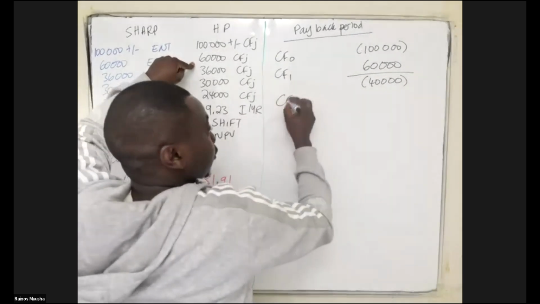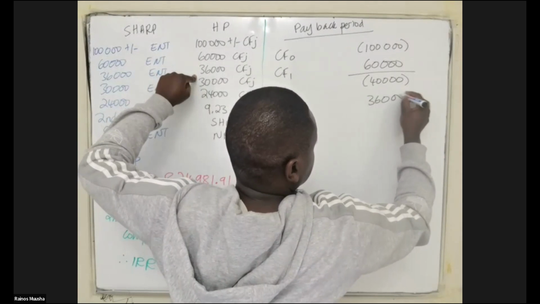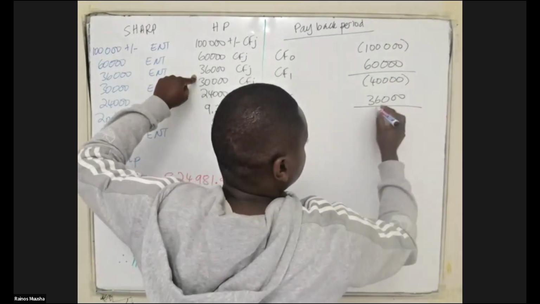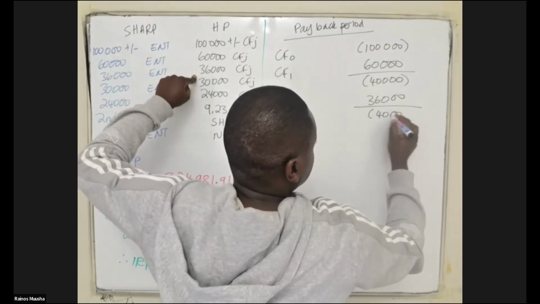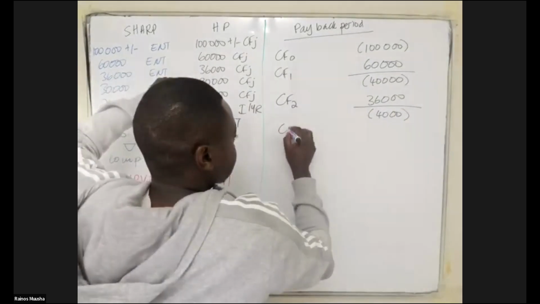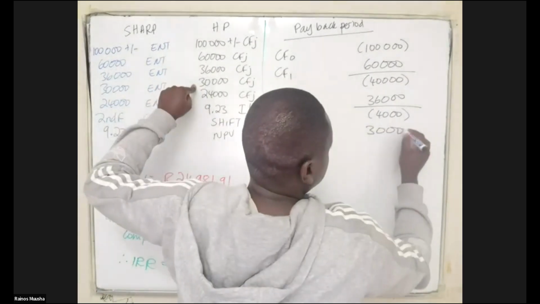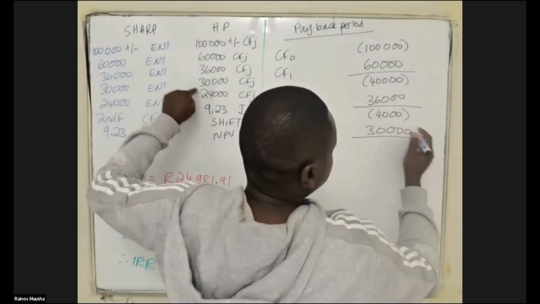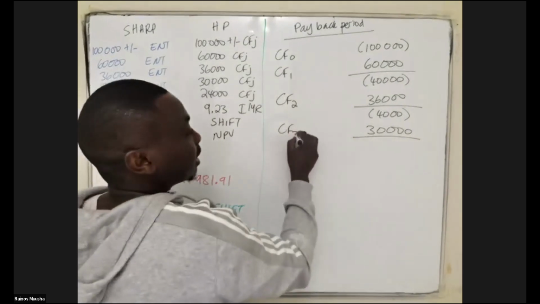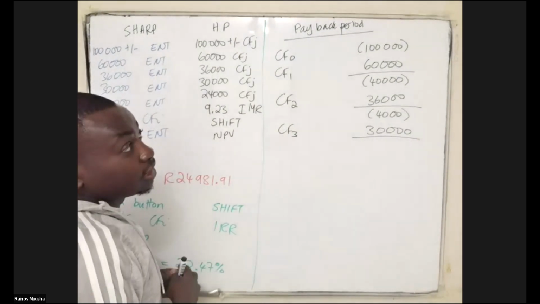Then in year 2, we recover 36,000, which means we are still left with another 4,000 that we need to recover. Then in year 3, our cash flow is 30,000. So somewhere during year 3, that's when we fully recovered the amount that we invested.